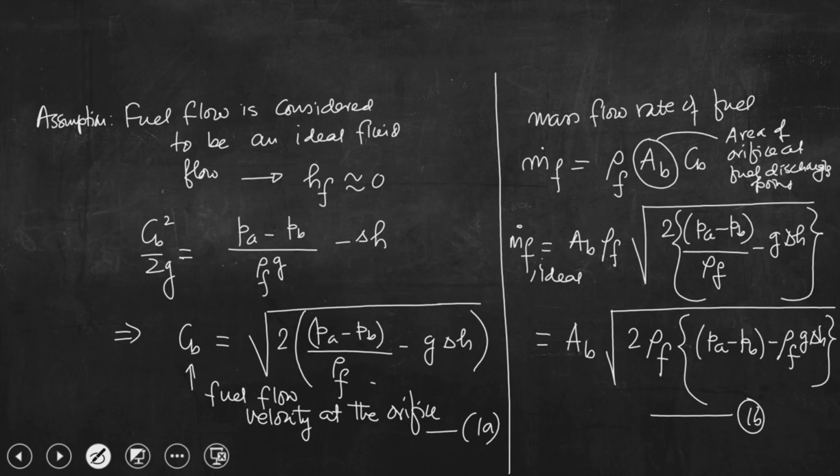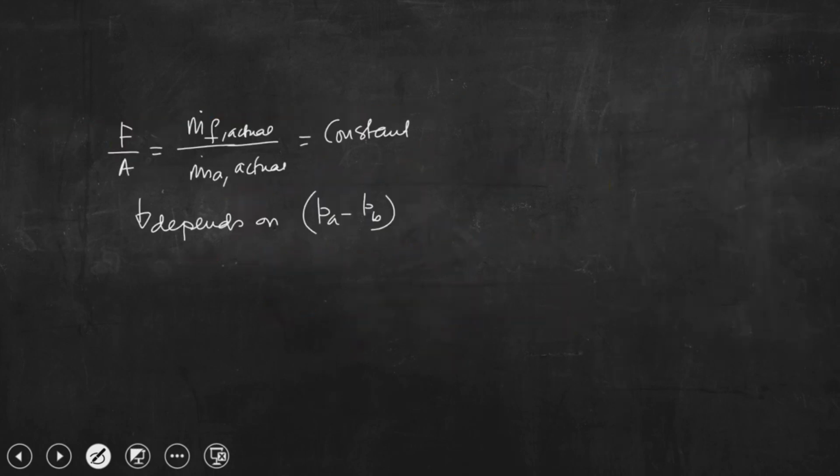You should not be confused because A B we had used earlier as the area of section BB, but today this A B is not the area at section BB, but the area of the orifice at the discharging point. Okay. So, what we had seen is that the mass flow rate of air and fuel is constant and that depends on P A minus P B, that is the pressure drop. So, this is the pressure drop.